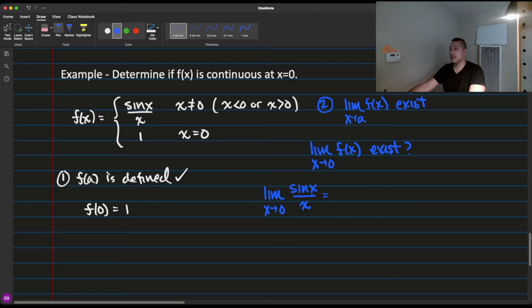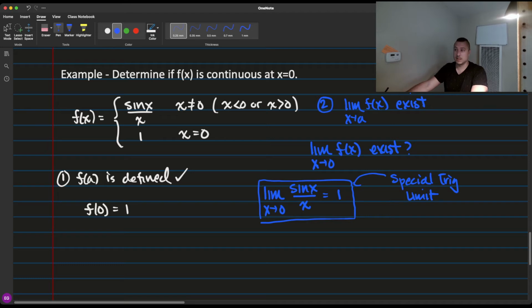Interesting thing, yes it does, and it's equal to 1. That's called a special trig limit. You could actually prove it using the squeeze theorem. I wouldn't expect you to. Just know that whenever you look at the limit of sine x over x as x approaches 0, that's going to be equal to 1. So it does exist. Criteria 2 is satisfied.